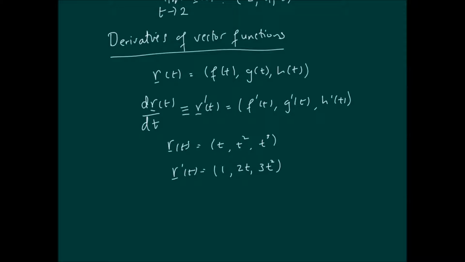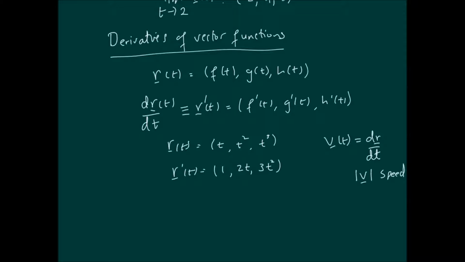Now, from a physics perspective, dr/dt can be interpreted as the velocity vector v(t). We'll just mention that for any of our science, physics, or engineering students: r'(t), or dr/dt, is actually the velocity vector. And just for your reference, the velocity vector's magnitude is in fact the speed as we know it.